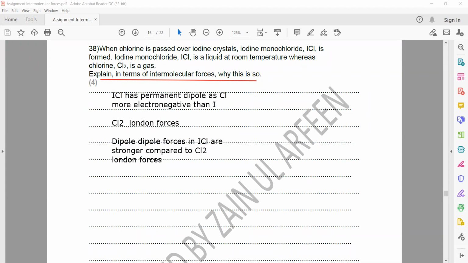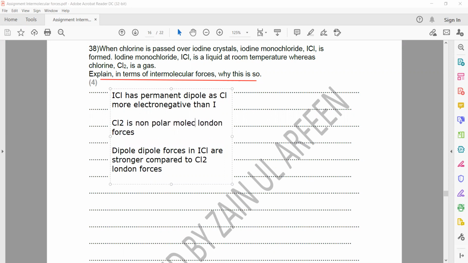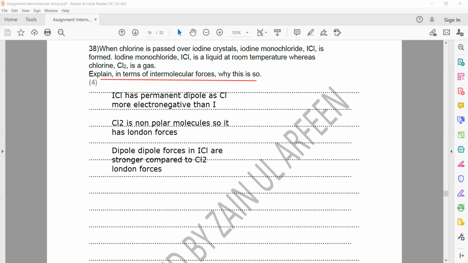You will mention the reason as well, like Cl2 is a non-polar molecule, so it has London forces, and you can even compare the London forces as well. Only London forces for Cl2, and permanent dipole as well as London forces for ICl. And even London forces in ICl will be stronger because there are more electrons.